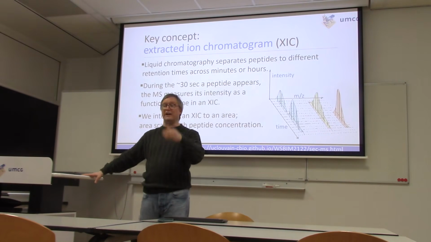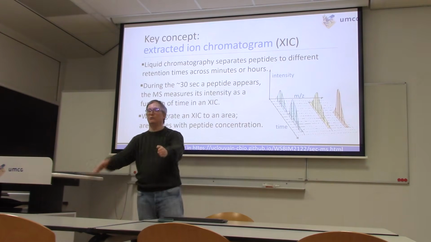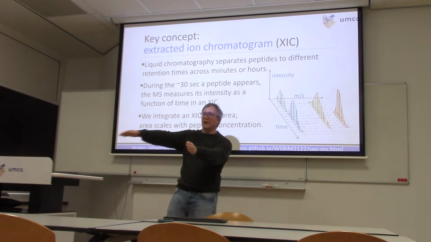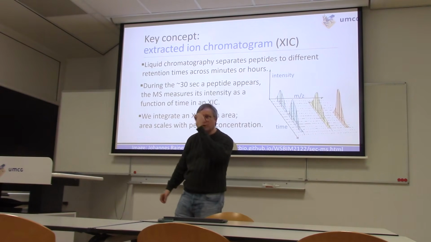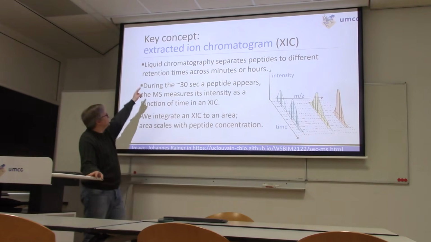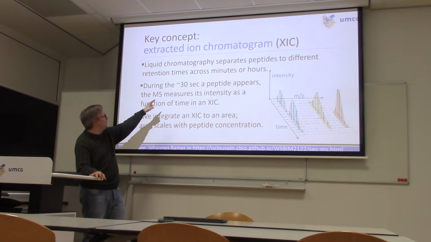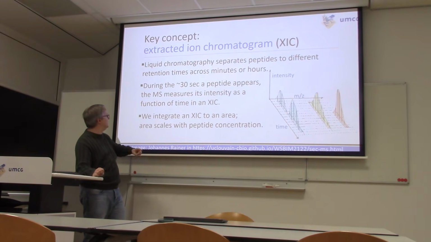So the extracted ion chromatogram means that we're grabbing just the intensity values for this particular ion. We're not paying attention to all the other intensities seen in the spectrum, just focused on this particular target. Okay, so maybe you have 2 hours of LC time in which you have, say, 30 seconds for the peptide.